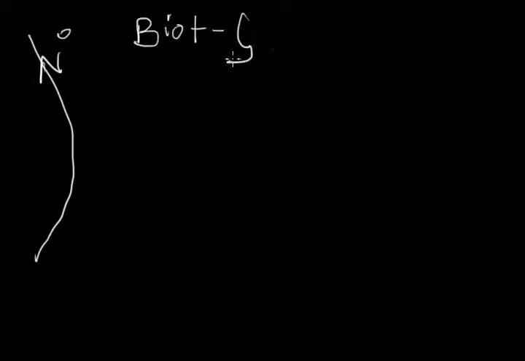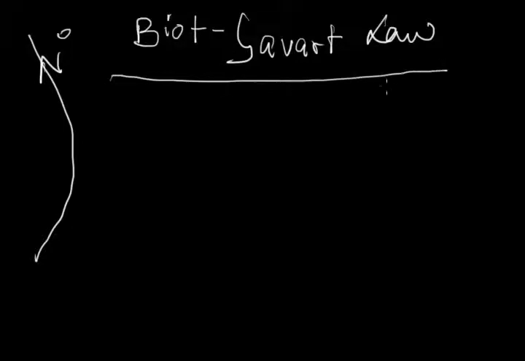So this law, which we state as Biot-Savart law, is also sometimes referred to as Laplace's law. Because Laplace was another scientist who also went on to calculate the magnitude, but unfortunately he was unable to give the experimental proof of the whole thing. So this is also sometimes referred to as Laplace's law.